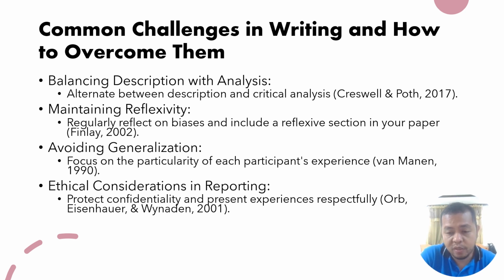That's why you write there participant 1, participant 2, or Fisher Folk 1, Fisher Folk 2, depends. But you do not write who these people are. And make sure that your description of the context does not point to one single person, where they will immediately realize, this is the person being talked about in the research. So you have to write it in a way that there is still anonymity of the research participant.